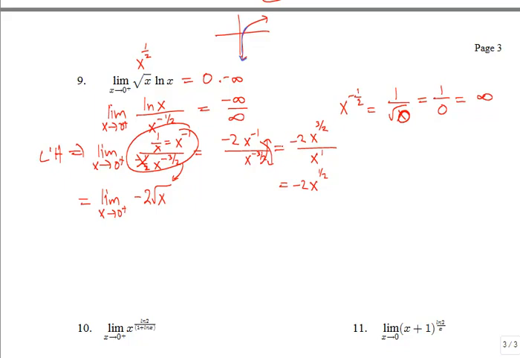You definitely want to clean it up as much as you can first before you plug in. Now if I plug in, square root of 0 is still 0, and when I multiply that by that negative 2, it's going to stay 0. So this limit is just 0. We didn't do any ln's at the beginning, so we're done. Once we get that answer, we're finished.